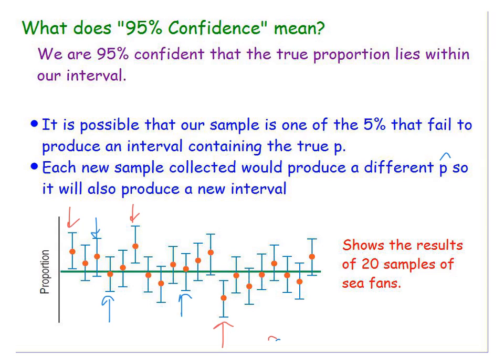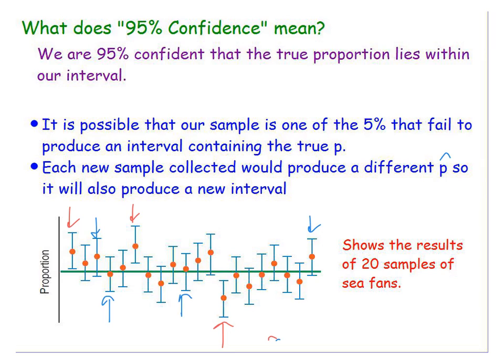That one, as you can see, is on the very far edge. So is this one right here. So some of them are barely going to catch p. Others are going to have it very close to the middle. But we don't know that because we never actually know p. This is just a visual to help you understand where these intervals are going to fall.